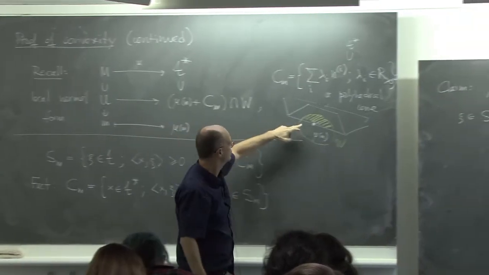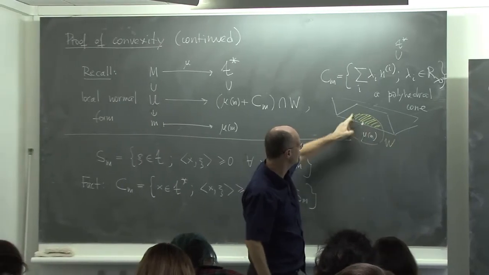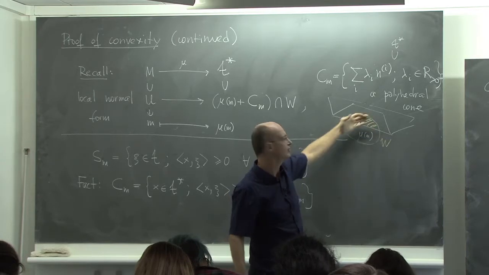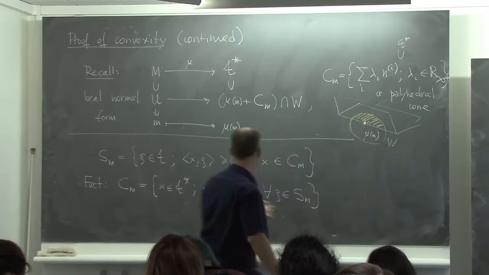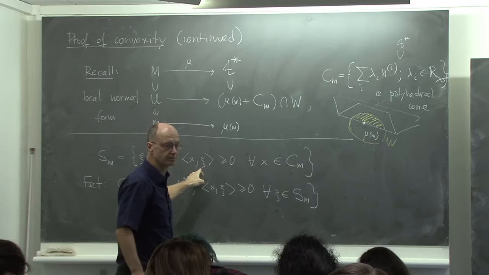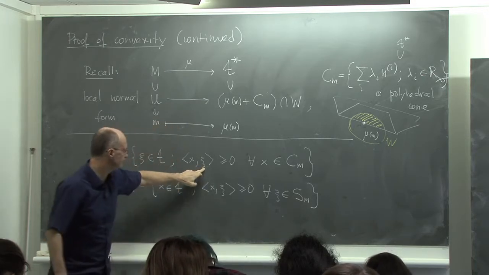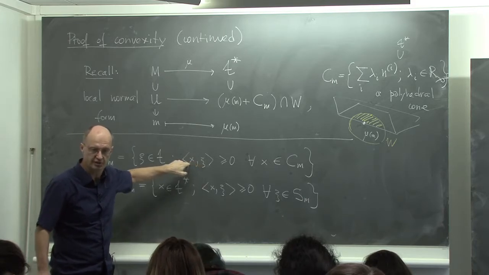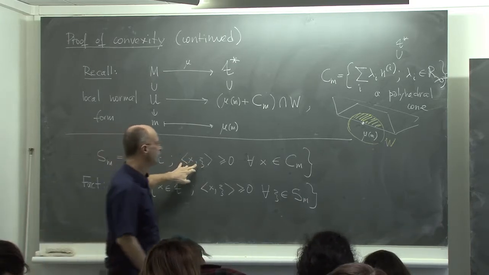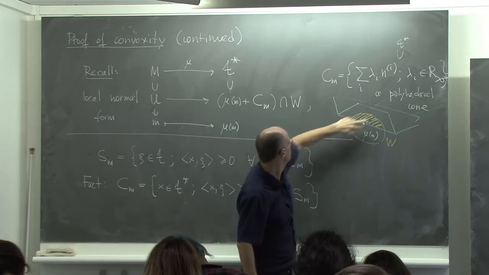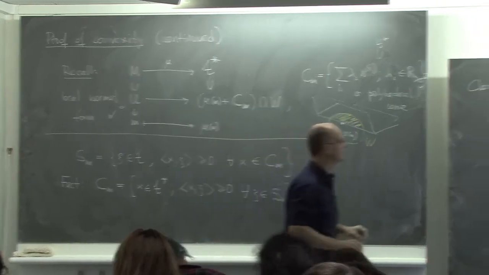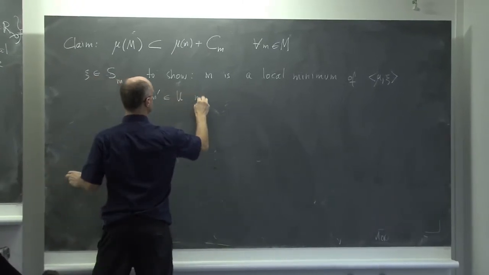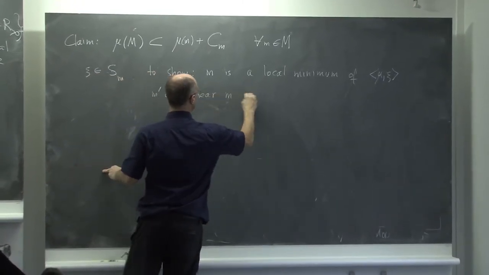Now, locally, we know that the image looks like that. So now we take a duality with psi. The duality of psi on all the vectors of Cm is positive, right? But the vectors of Cm are exactly the differences. So let's say m prime is in U near m.